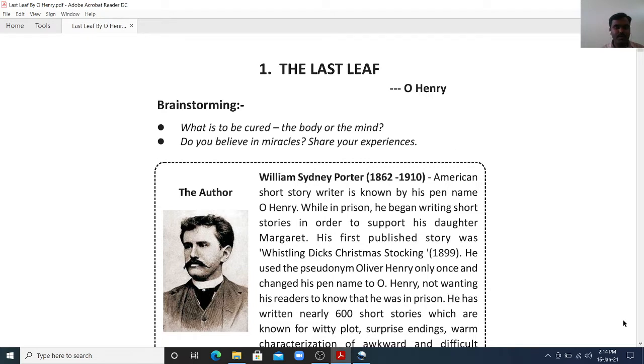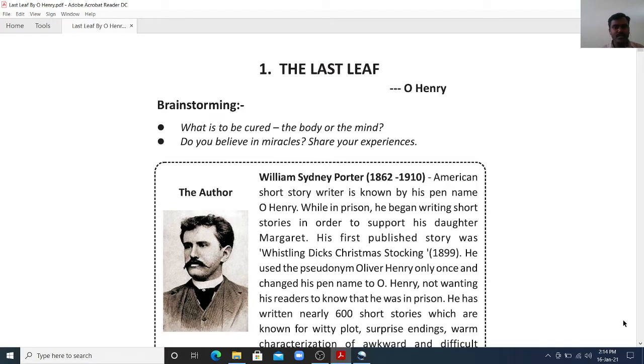Before we go on to the story, let us understand the background to the story. The background of the story is the pneumonia pandemic. The story is set in the early 1900s.